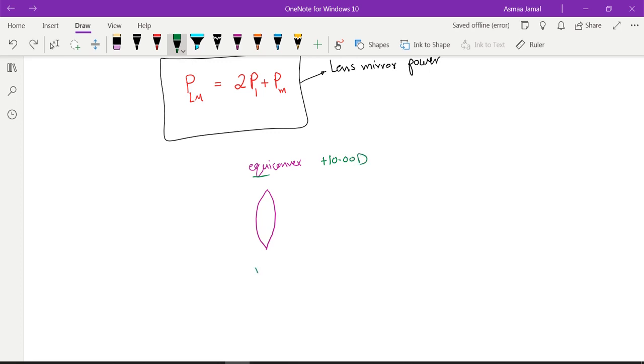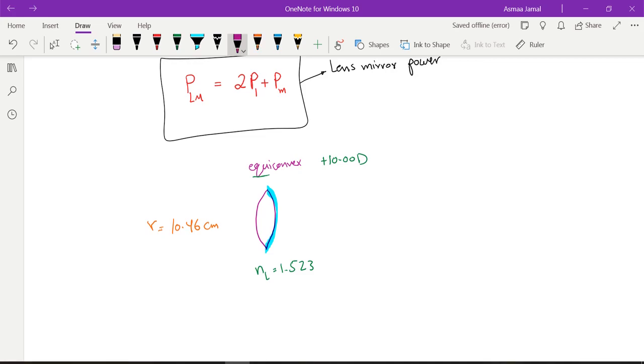And the refractive index of this lens equals 1.523. The back surface of this lens is coated, which means this lens will reflect the light. The radius of curvature for this lens equals 10.46 centimeter. What's the power of the lens mirror here?